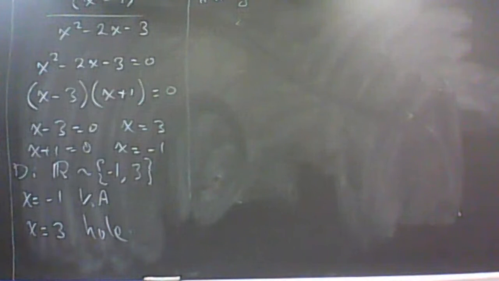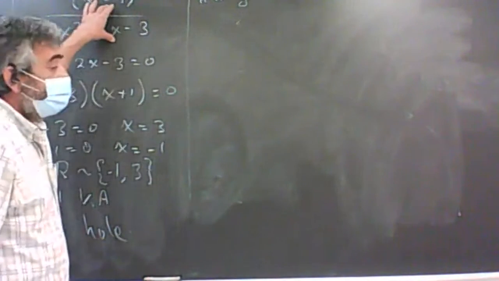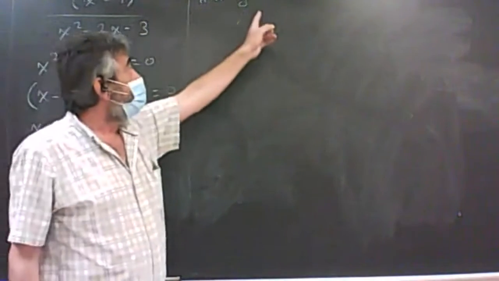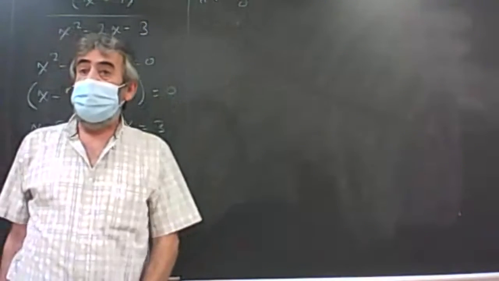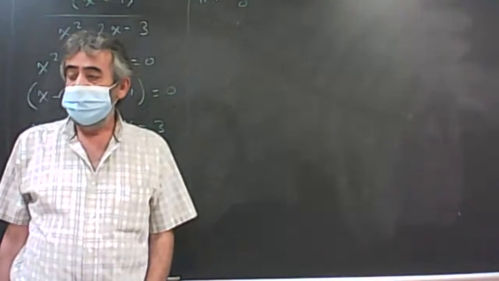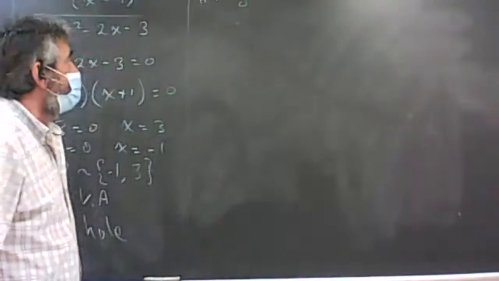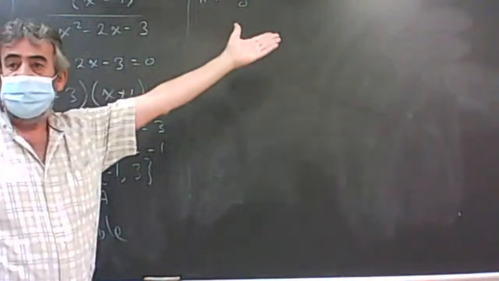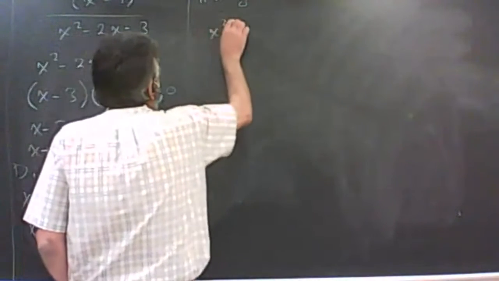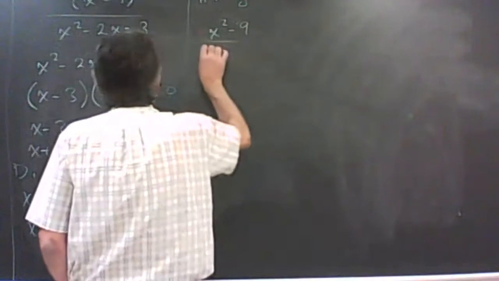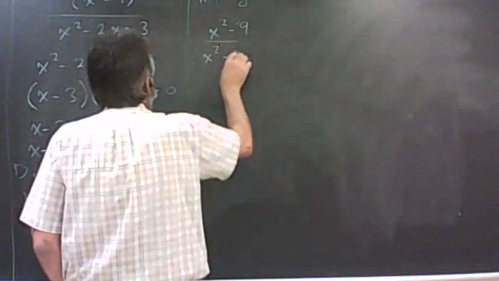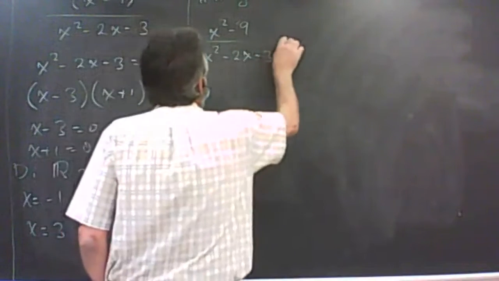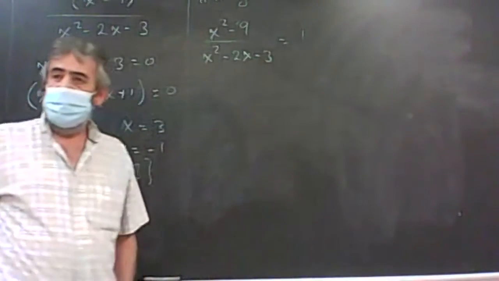Okay, now, does this graph cross the y equals 1 line? Let's see. Okay? What did we say we do? Just take this, set it equal to 1. Yes? So we have x squared minus 9 over x squared minus 2x minus 3 equals 1. Yeah?